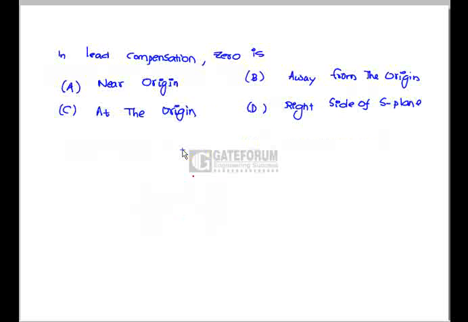In lead compensation, the zero is here. If we go for the explanation, see, if we calculate the transfer function, suppose y of s by x of s of lead compensator, we can write it as beta ts by 1 plus alpha ts.